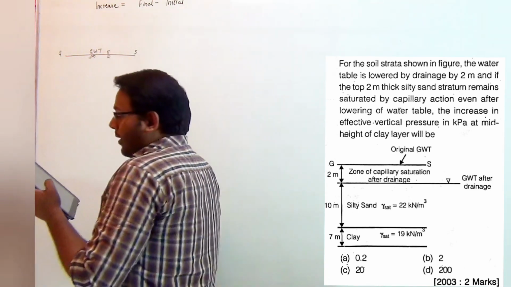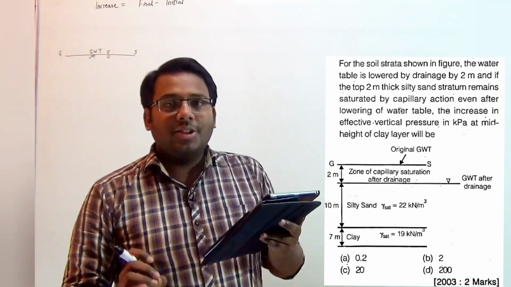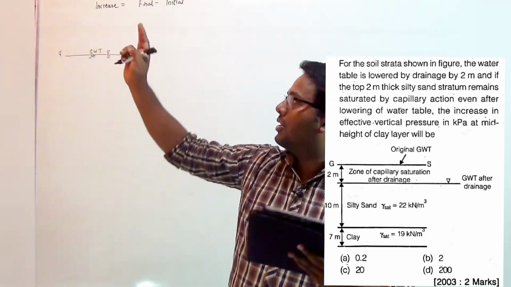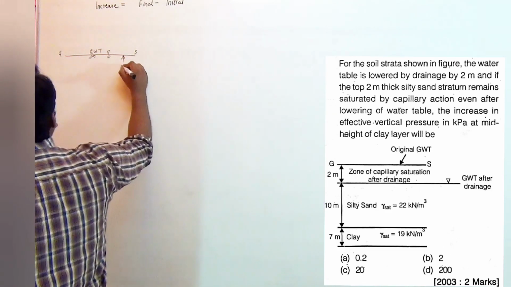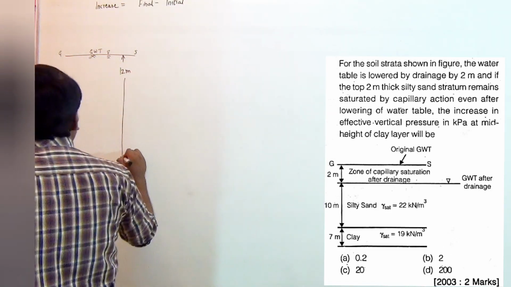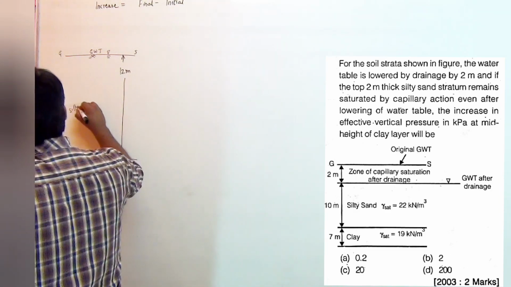Also below that there will not be any capillary drainage or capillary saturation, as the water table is at the ground surface. But for the next 12 meter of the soil layer, there is silty sand.